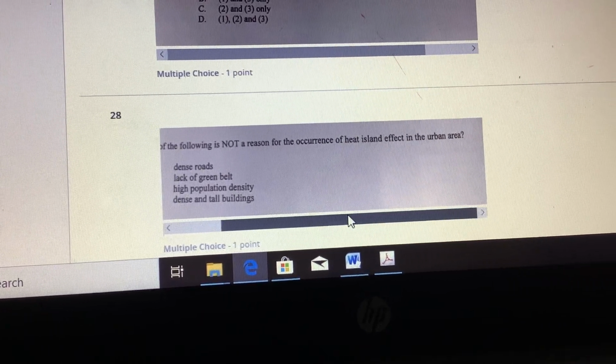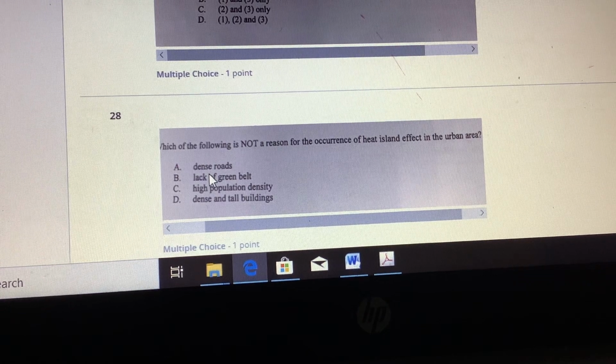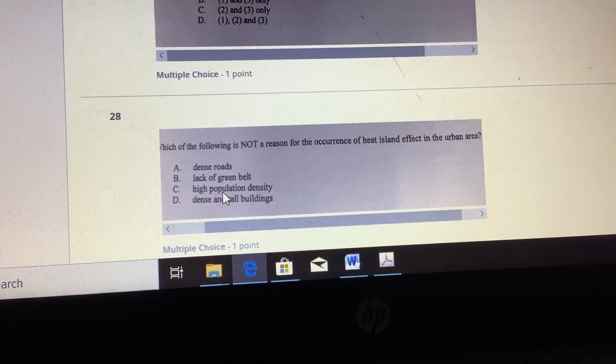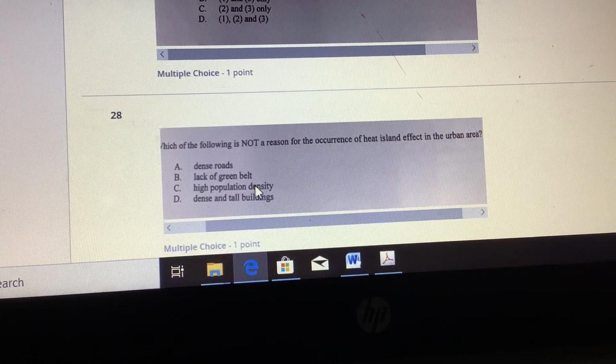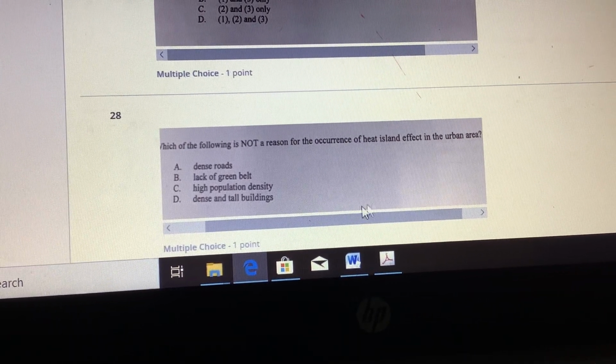I thought it should be: which of the following are not the reason of the occurrence of heat island effect in the urban areas? Dense road. Lack of green belt. High population density. How is that related to the urban heat island effect? Because human beings are not very hot indeed.